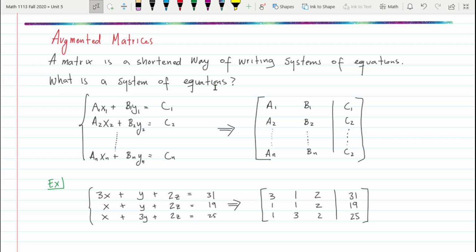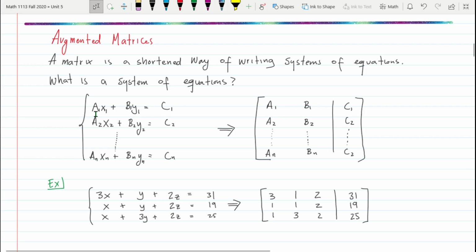So for those of you that don't remember what a system of equations is, it's something like this, right? A number times x plus or minus a number times y equals some constant. And of course, it doesn't have to be x and y, it can be any other variable. So if you remember this, it was from solving systems of linear equations.